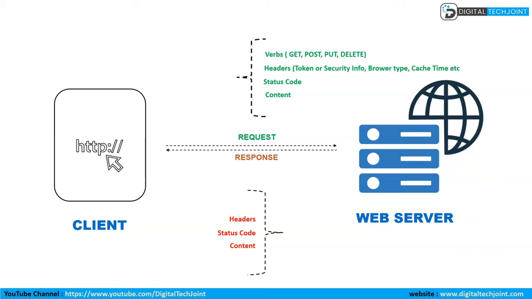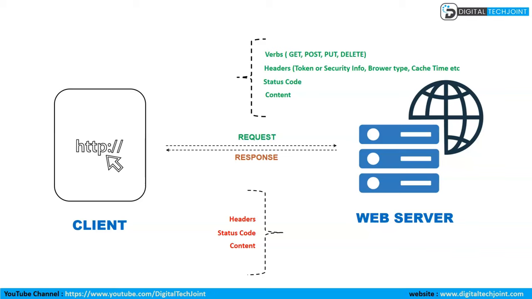The header contains various parameters and information, like your security or token information, your browser type, the cache time, etc. Then it contains the status code, and then it contains the actual matter, that is the body, that is the content type. So all these parameters are passed into the request, which the server will process and then return the response in a similar manner.